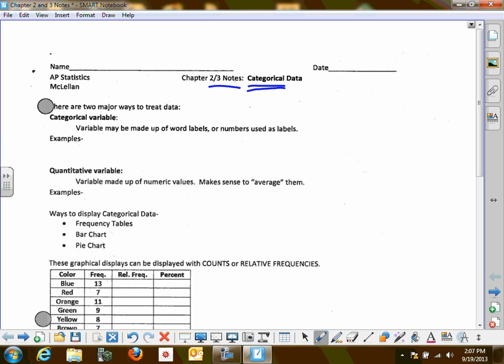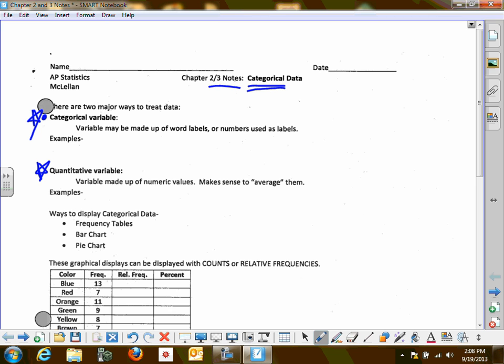reference the categorical data. And it's important to say it's categorical data because remember how last unit I said you need to pay attention to if it's a sample or the whole population. Here, it's important to say, are we talking about categorical data or quantitative data?